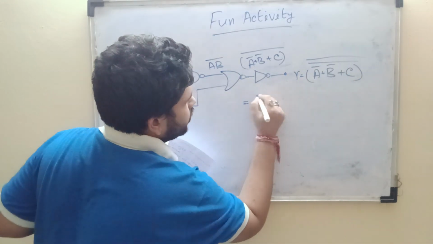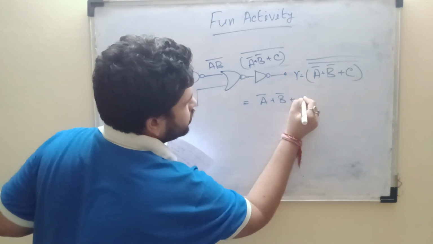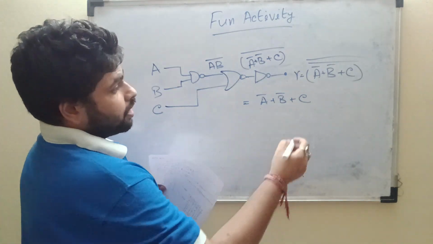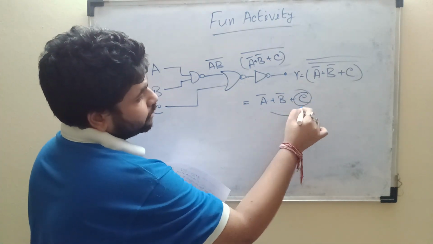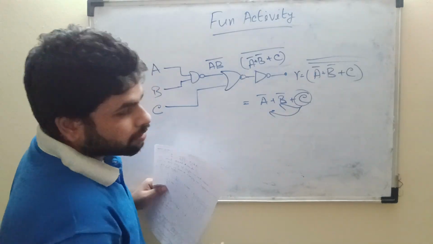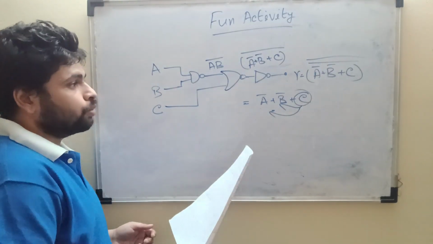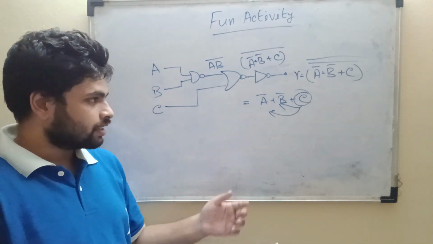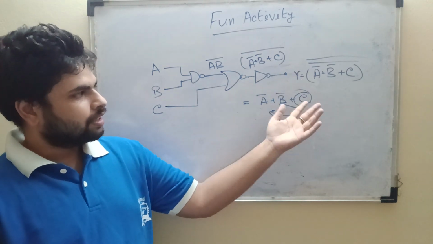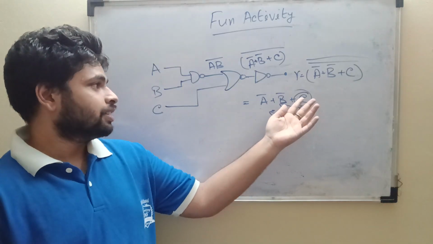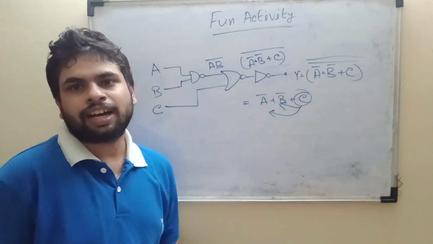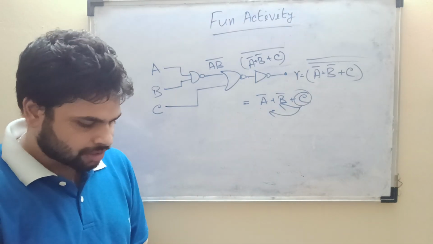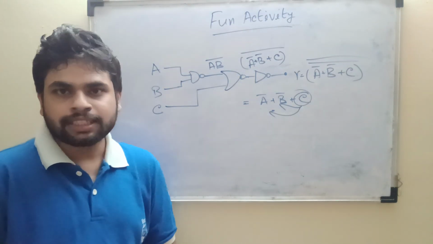It will give A bar plus B bar plus C. So the third person came to ruin both the persons who were in a relationship with each other. The third person came, remained happy, and made A plus B unhappy. Okay, so these are the funny operations of the logic gates.